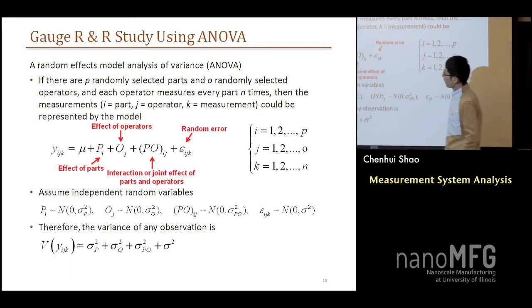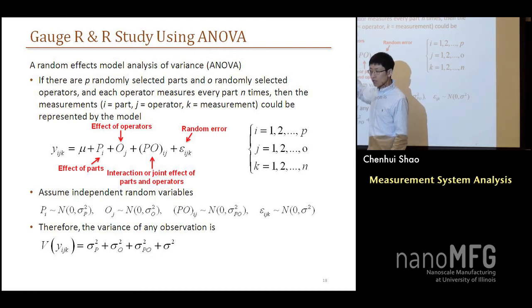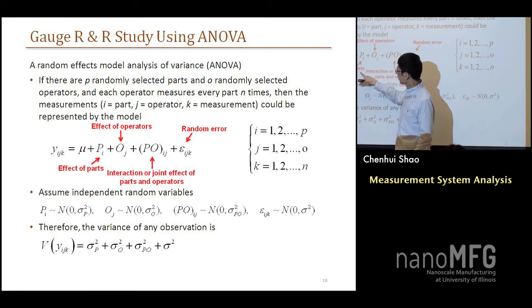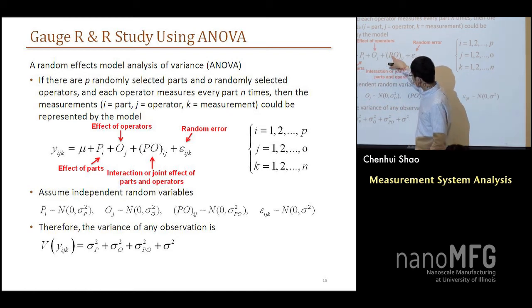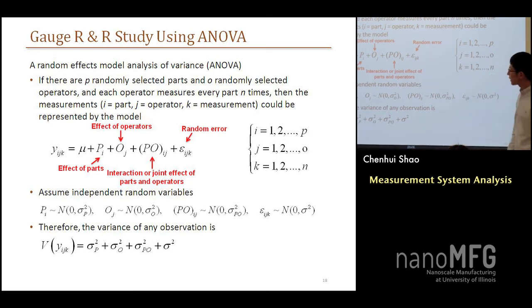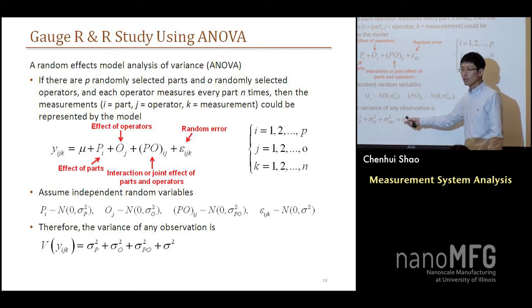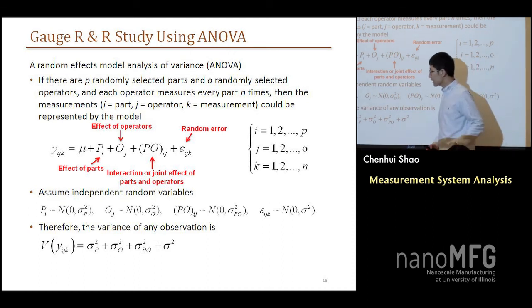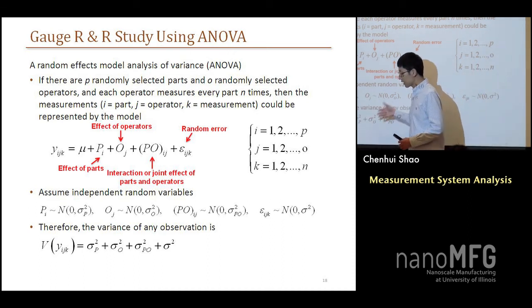In this model, mu is the ground truth, the production mean, or production average, P is the effect of parts, O is the effect of operators, PO is the interaction between operator and parts, and finally this is random error. We assume that all of these variables are independent and normally distributed, and we can have this relationship. So far we have this model, and the next step is to estimate all of them.